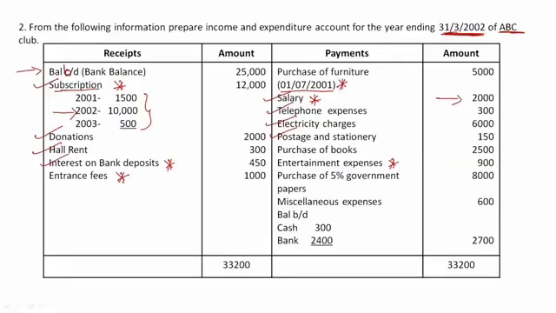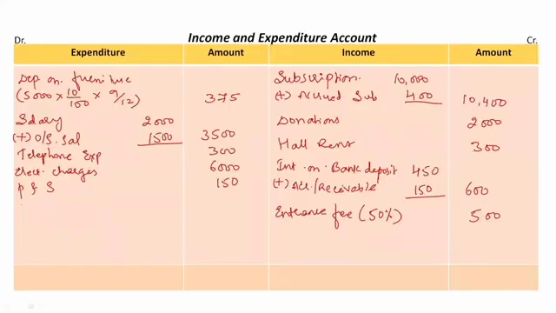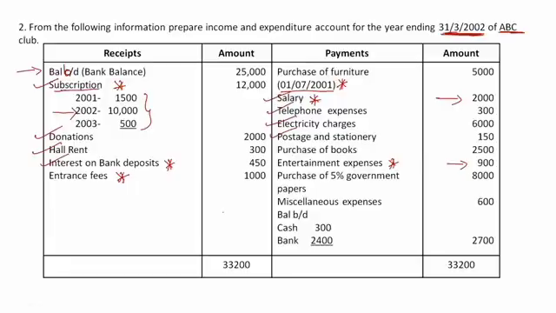So already 900 rupees revenue expenditure is given, in that I should add 500. So totally 1400 is entertainment expenses. Back to question, this is done.